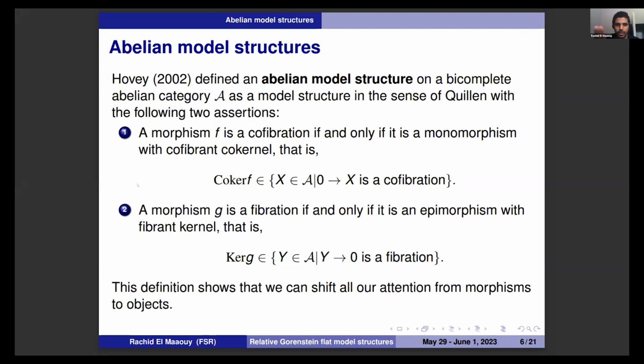And looking at this definition, we can see that because in a category we have objects and we have morphisms, we can shift all attention from morphisms to objects. And this means that we can forget about morphisms and focus only on objects.